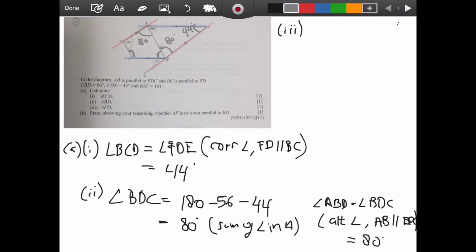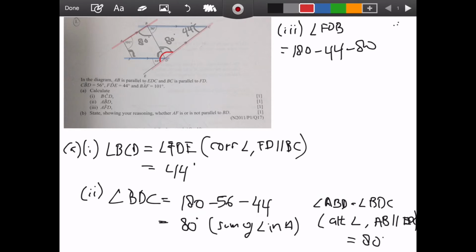So you want to find out first the angle FDB. So let's do that. The angle FDB is equal to 180 minus 44 minus 80. Do you see that this in red has to be 180? Why?